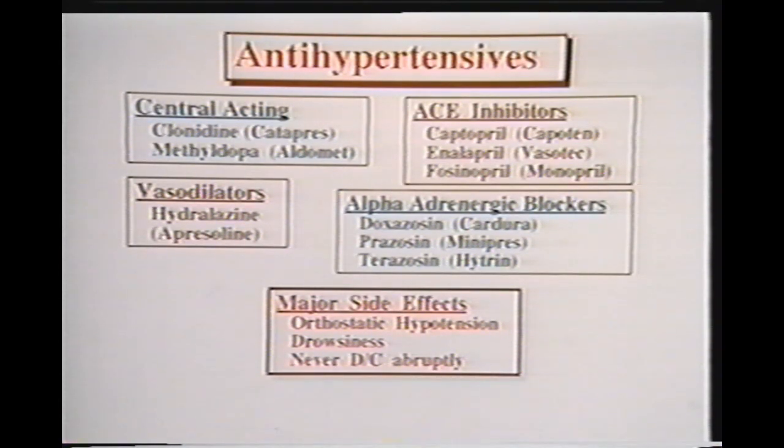Remember, teach them never to discontinue these drugs abruptly. Another side effect that many times we see from a number of those is impotence in men, and they have difficulty with erections. You want to remember to tell the man if this occurs to notify the physician. Don't just stop taking the medicine. Notify the physician. Sometimes it's very simple.